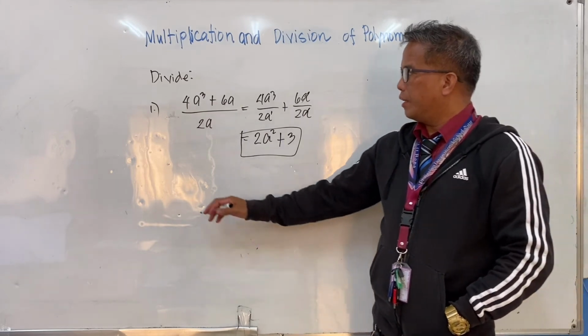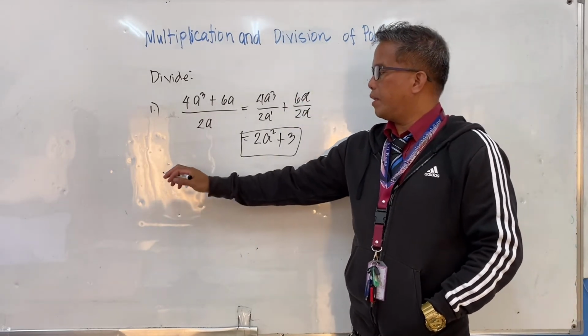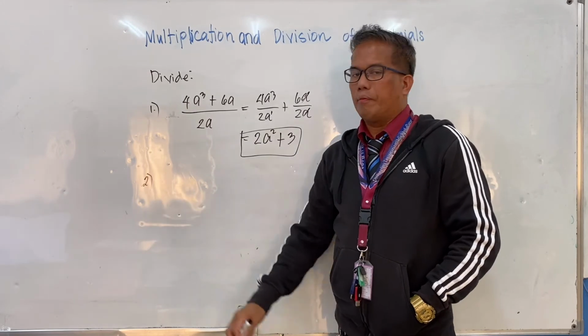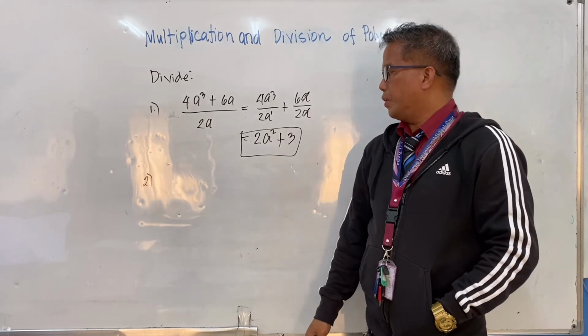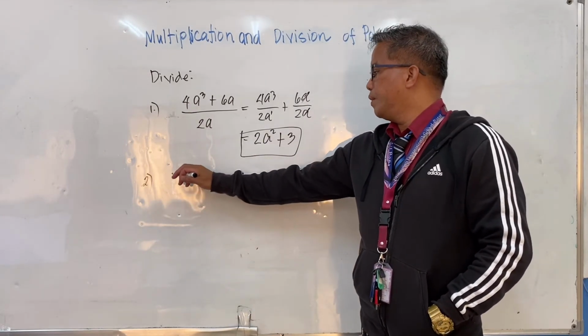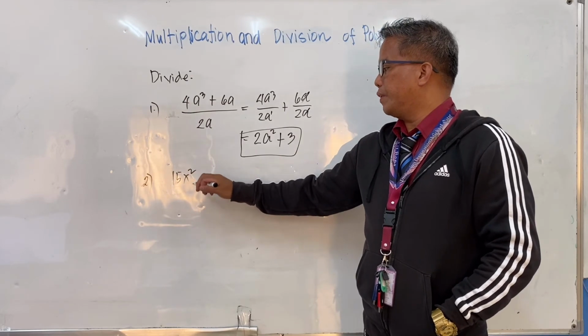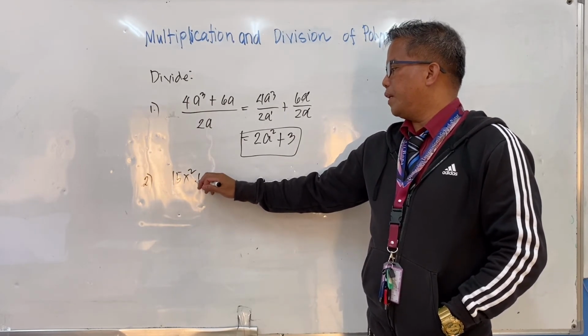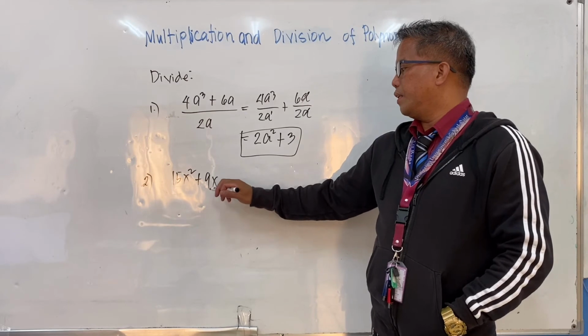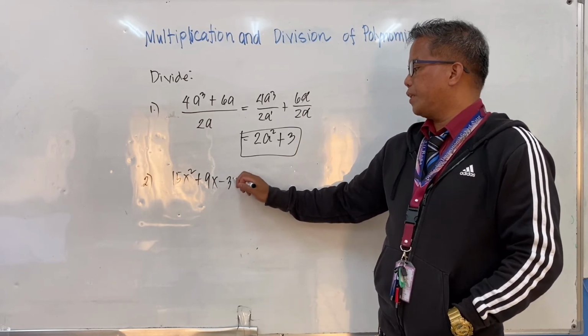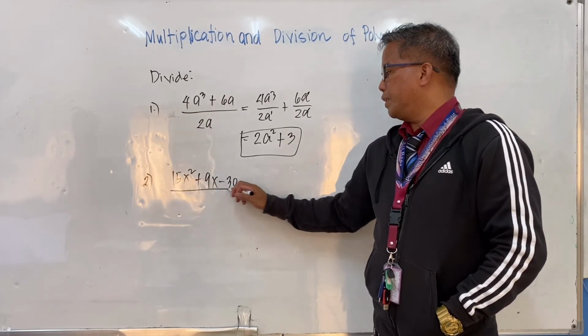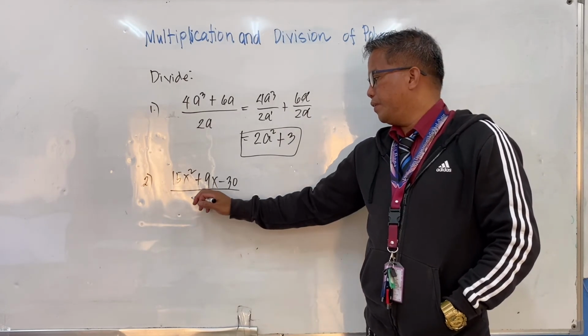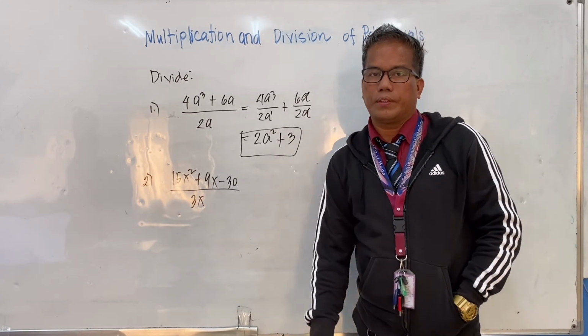Another example in division of polynomials. Number 2. So let's have 15x squared plus 9x minus 30 divided by 3x.